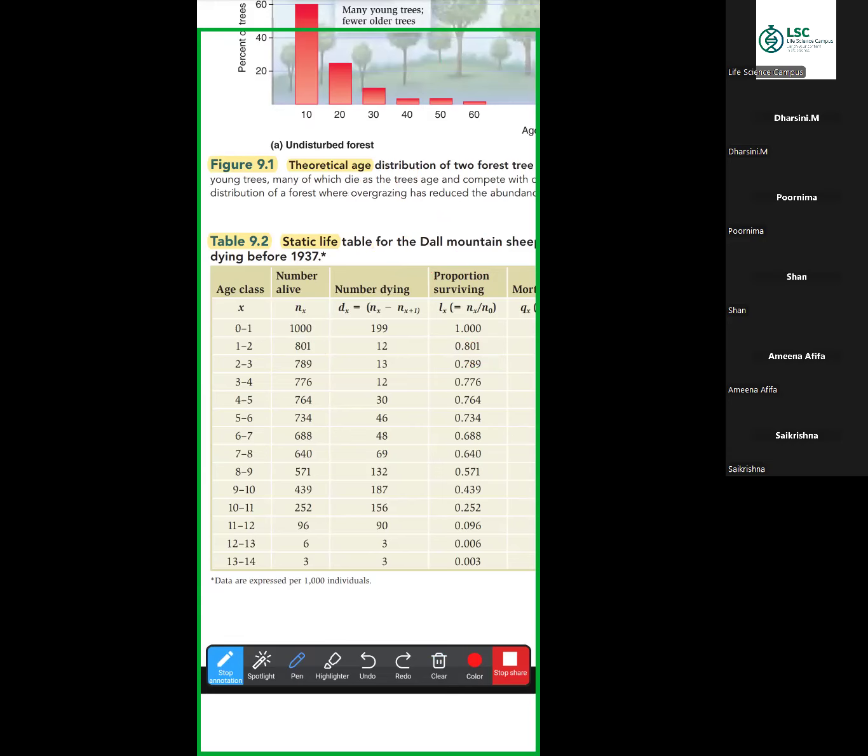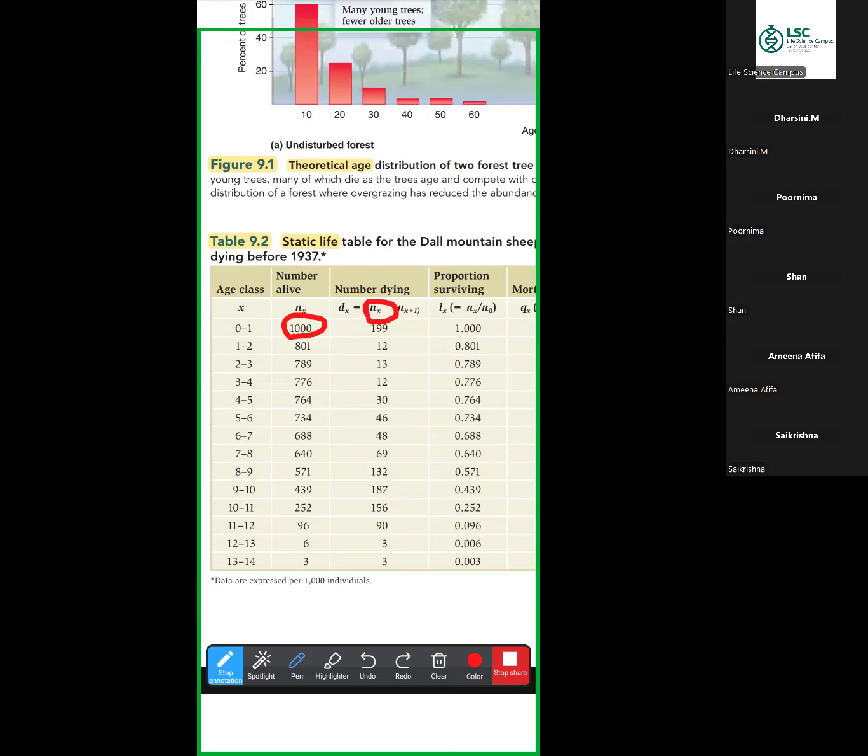Yes, N0 is always 1000. N0 means individuals present at the start of the age class. Nx means the number of individuals present at the particular age class.